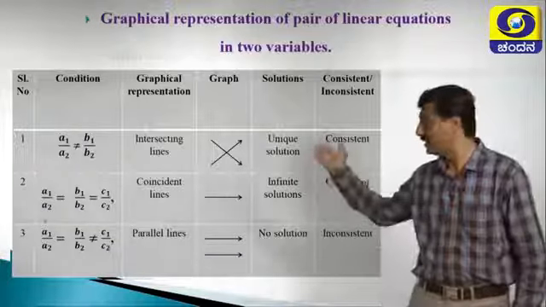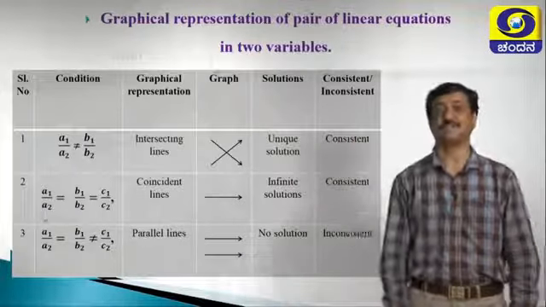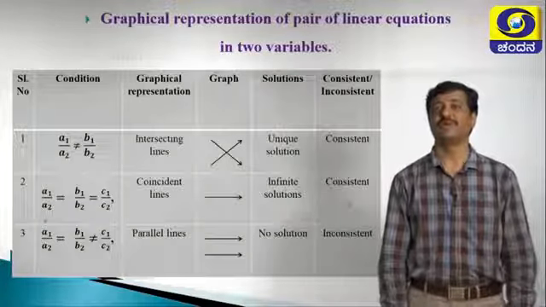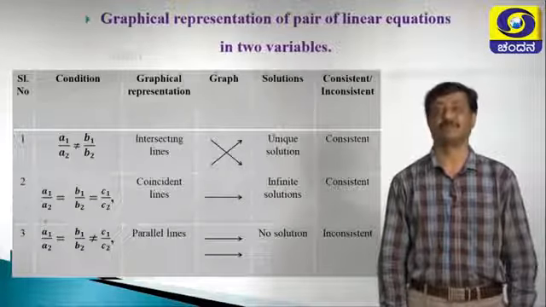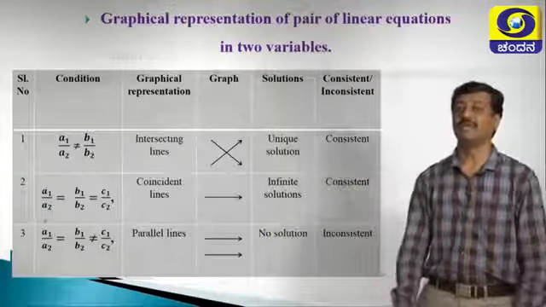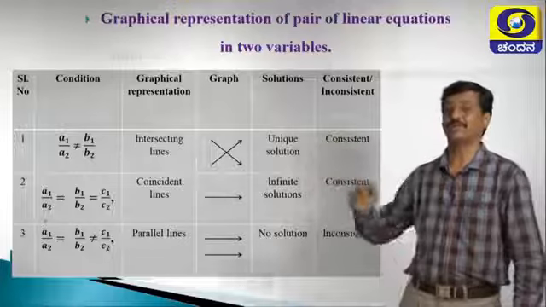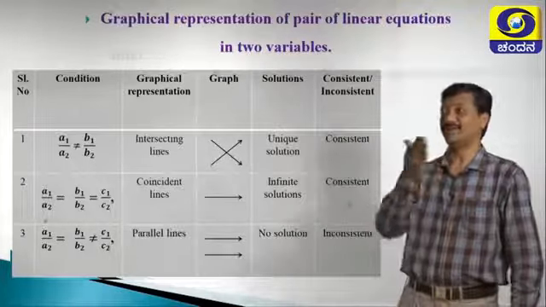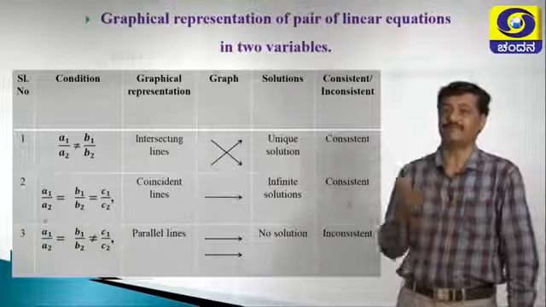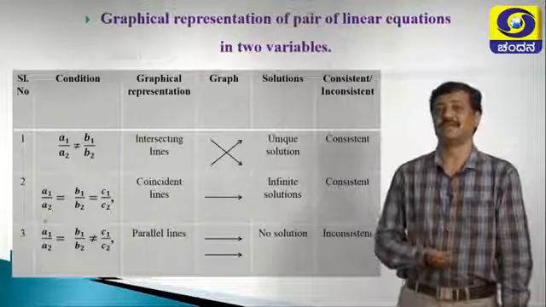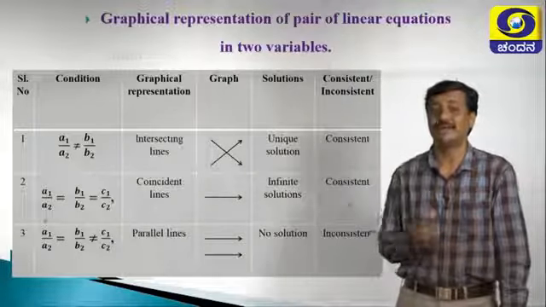Here is a table that shows the different graphical representations based on the three values. In the first point, if the value of a1 by a2 is not equal to b1 by b2, I mean, if you compare the ratios of a1 by a2 with b1 by b2 and the two ratios are not equal, then the graph of the given pair has intersecting lines.